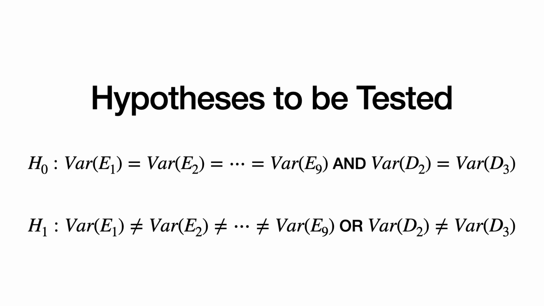And so here is the null hypothesis to be tested, that the variances of E1 through E9 are equal, and the variances of D2 and D3 are equal. The alternative hypothesis would obviously be that either the variances of E1 through E9 are not all equal, or the variances of D2 and D3 are not equal. And because this "or" is used in the inclusive sense, it could be that both of those situations are the case.